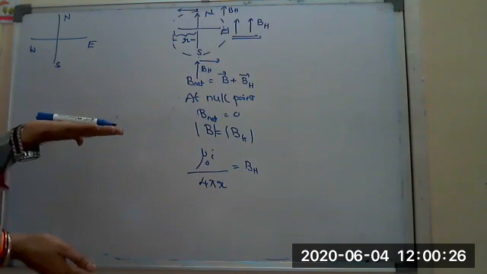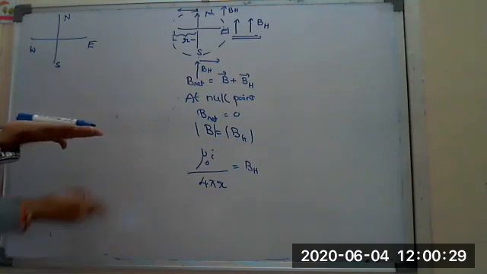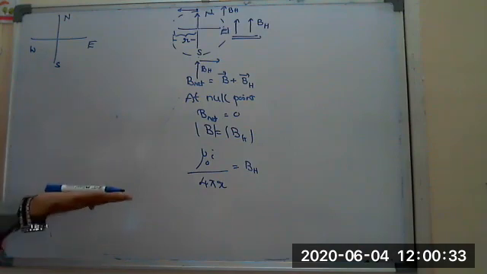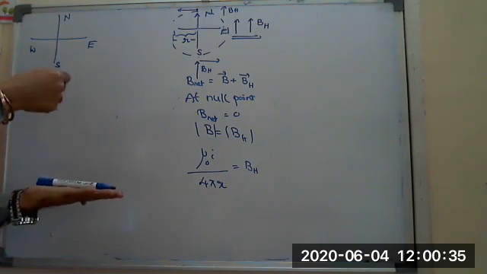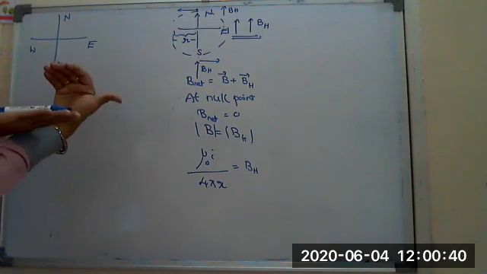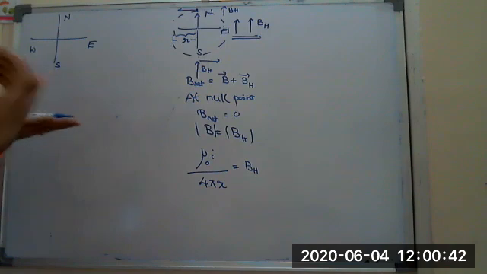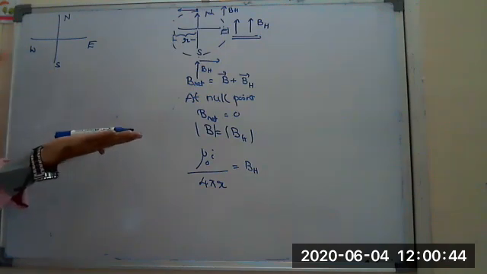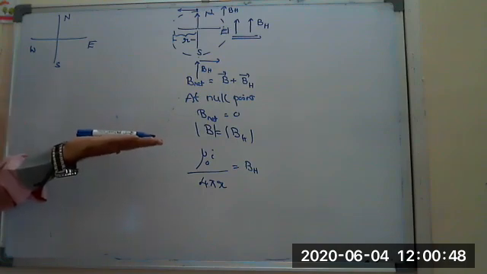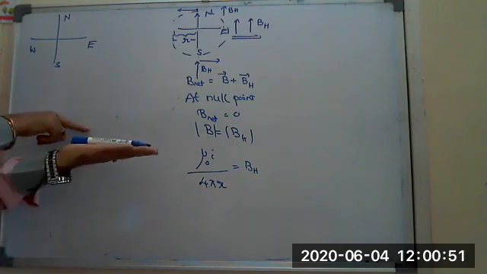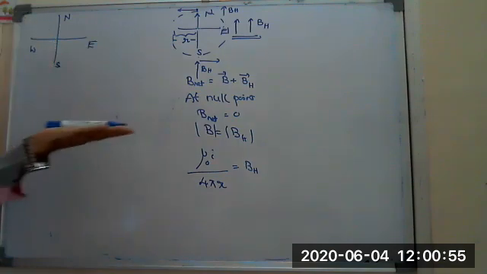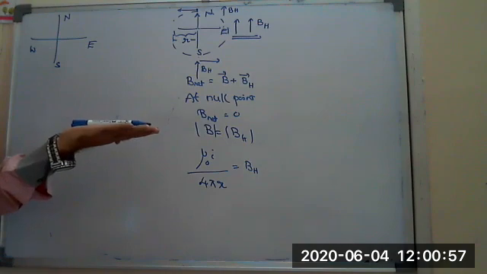Then suppose he changes the question. Is it possible at least at a point above the conductor? Yes. Why? Because above the conductor, if you select one point, due to the flow of current, look at my fingers. Here they are towards south, Nana. Why? Because I assumed this is north and this direction is south. So BH is south to north, and here I am getting the fingers exactly opposite to BH.